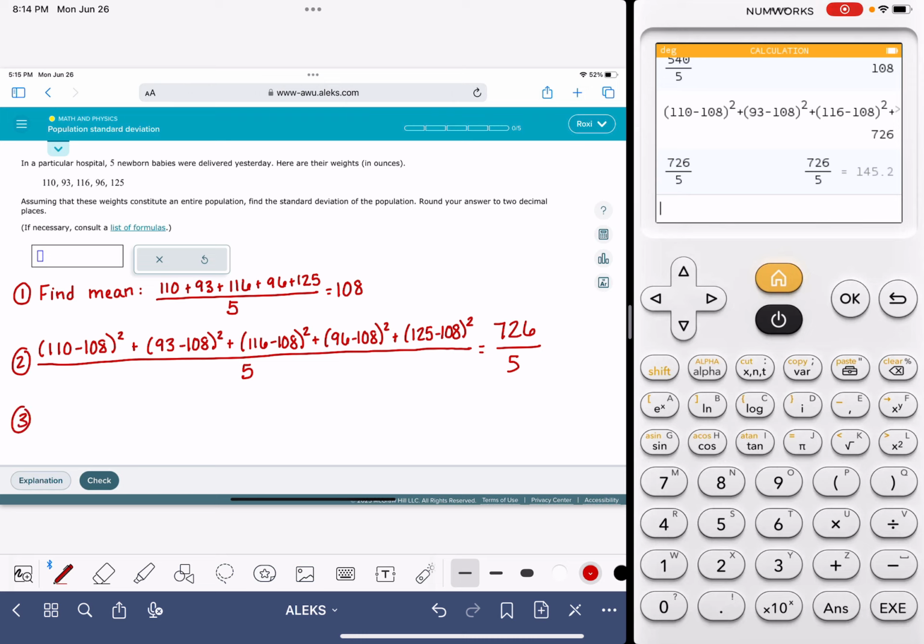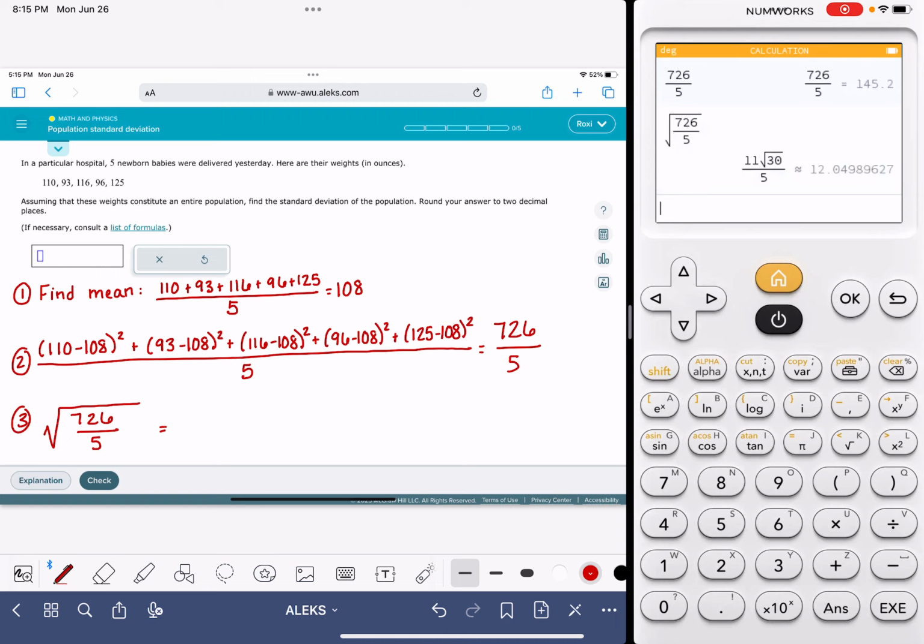The last step of this is to take the square root of the answer that we just obtained, 726 over 5. This is going to give us the standard deviation. So I'm going to take the square root of my answer, and that is 12. ALEKS wants this to 2 decimal places, so 12.05.